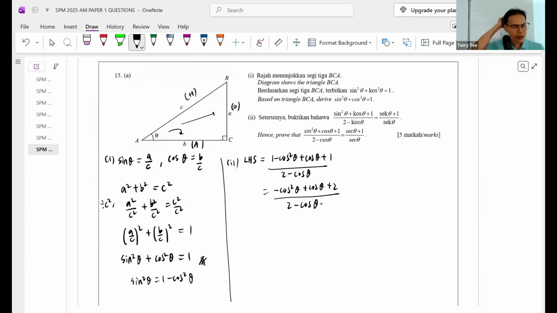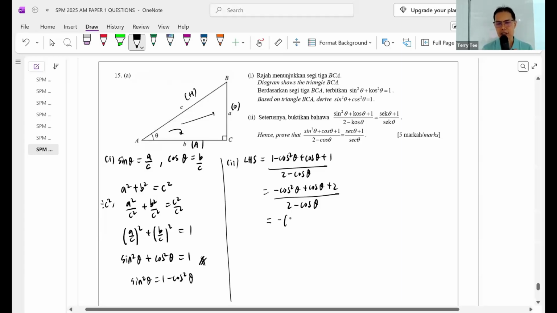See, at this stage, what do you think I should do? When you have cos squared, cos and a constant, naturally, we know we can factorize. But it's kind of difficult to factorize if the coefficient is negative. So you either multiply both sides by negative or you take out the negative.